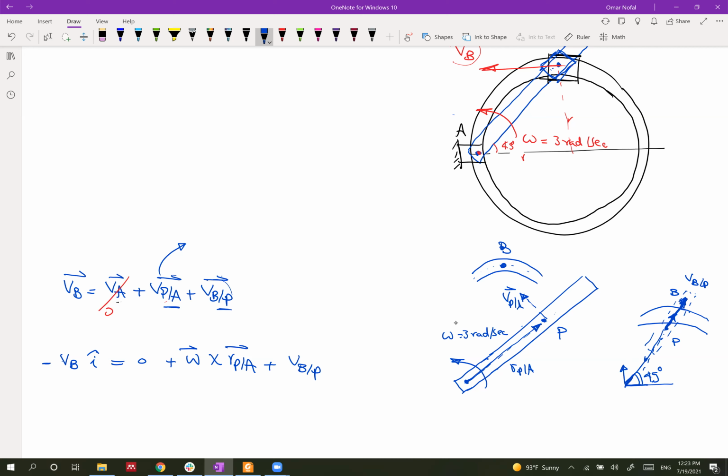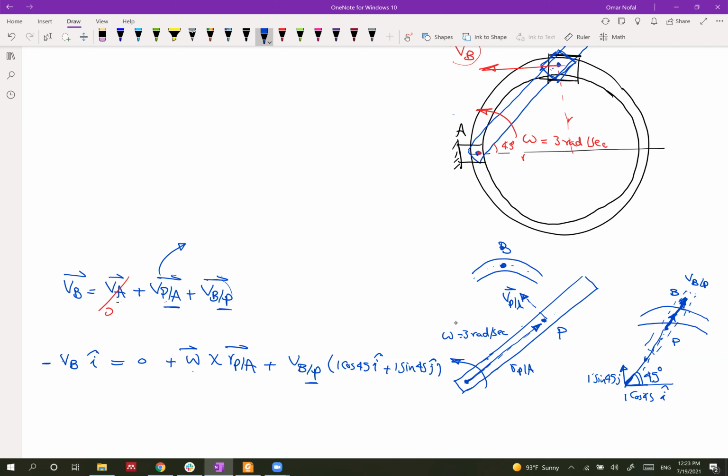If we have a unit of 1, it has cosine 45 in the I hat and sine 45 in the J hat, 1 and 1. So the direction will be 1 cosine 45 in the I hat plus 1 sine 45 in the J hat. So this is for the direction of VB.